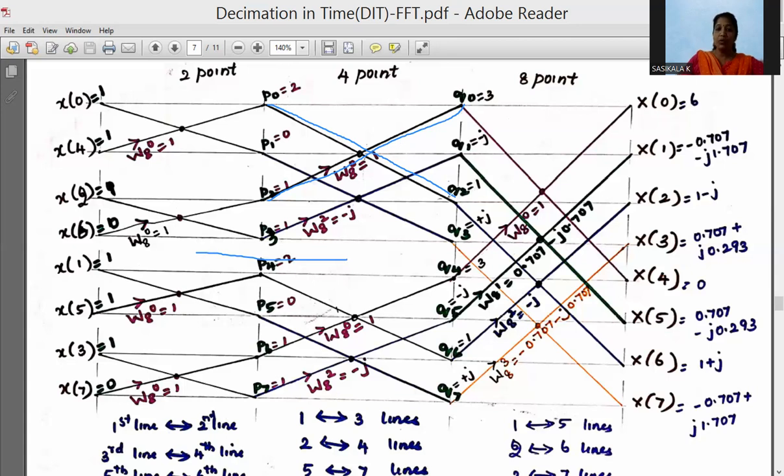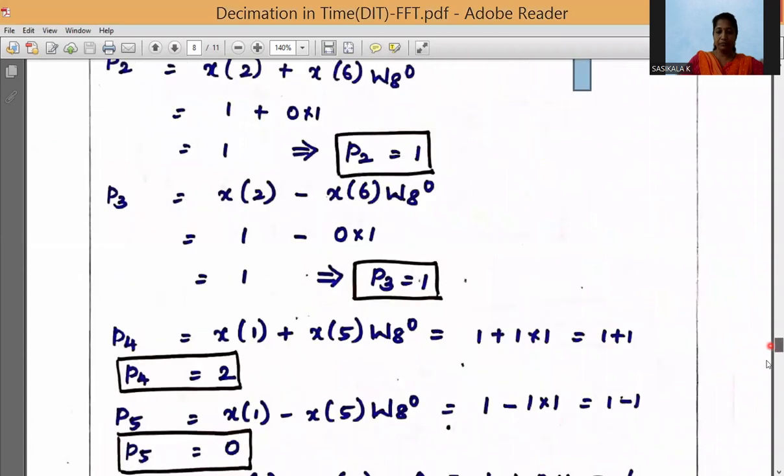So for Q2, the same inputs, P naught and P2. What you have to do is P naught minus P2 into W8 power 0. Okay. Now we'll go to the 4-point calculation.